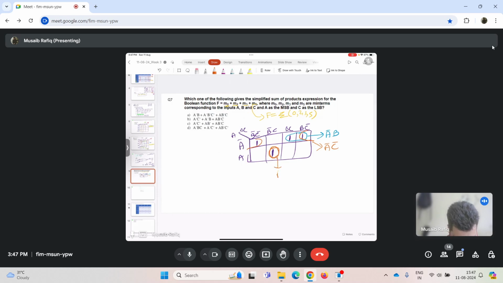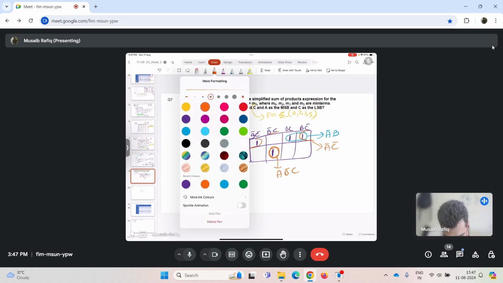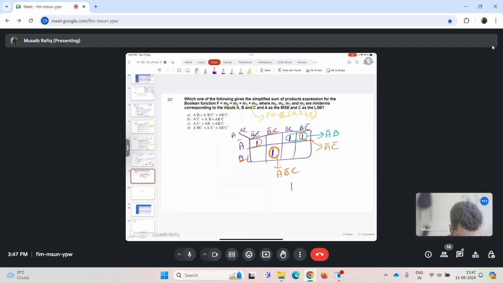So this is simply A B bar C. So my F will be equal to A bar B, this term, plus A bar C bar, this term, plus A B bar C. So this is A bar C bar, A bar B plus A B bar C, that is option B. So option B is your correct answer.